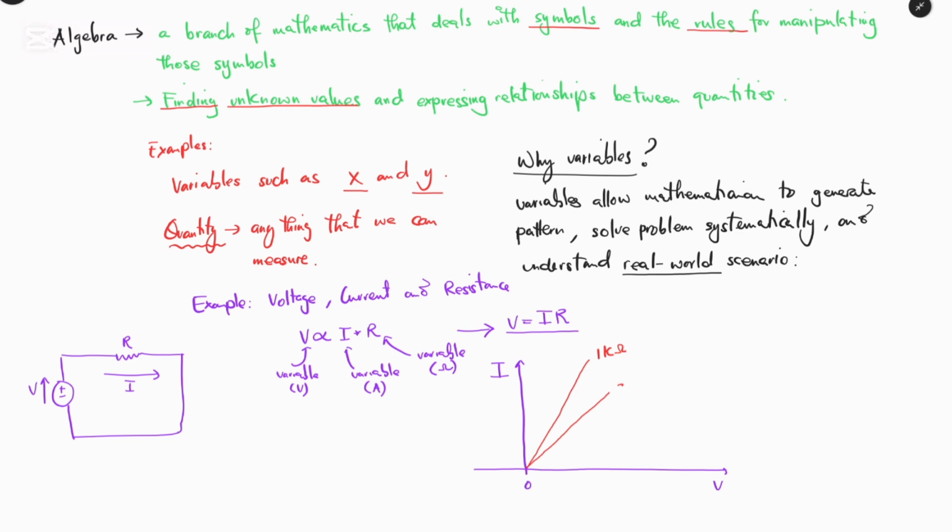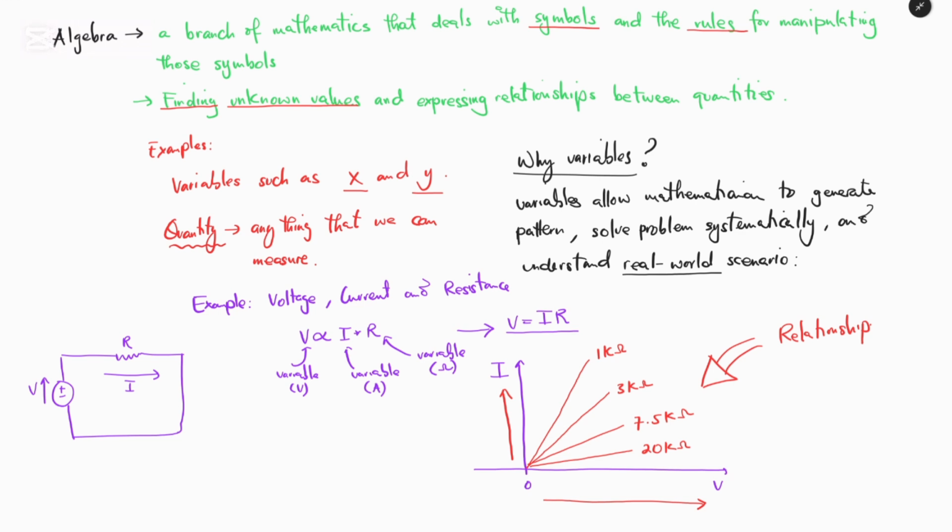This graph will represent 3 kilo ohm, and we can say this graph here will represent 7.5 kilo ohm, and this region can represent 20 kilo ohm. So what is the relationship in this graph? We all know that the voltage is increasing in this direction, and we said that increasing the voltage will also increase the current in the y or the vertical axis.